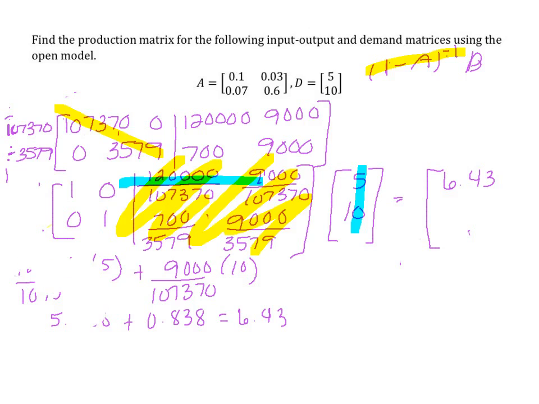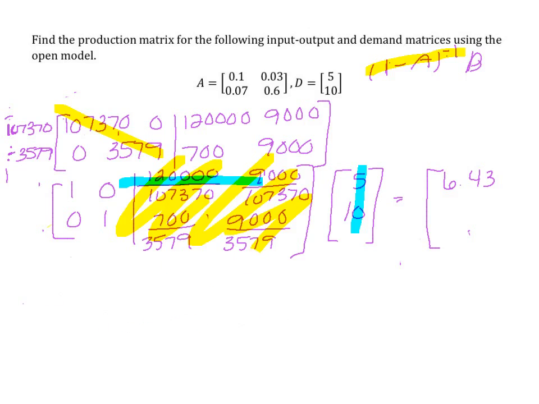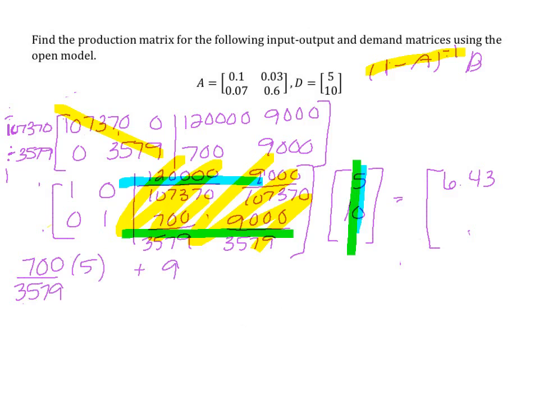So I'm going to erase this part here so we can multiply our bottom. So we're going to take our bottom by the right-hand side. So we're going to take 700 over 3579 multiplied by 5 and add that to 9,000 times 10 divided by 3579.